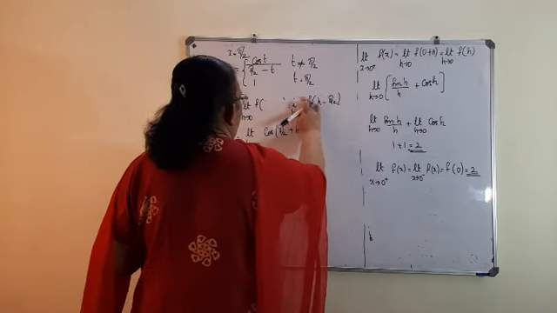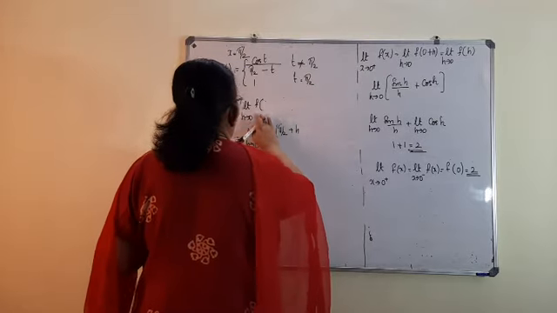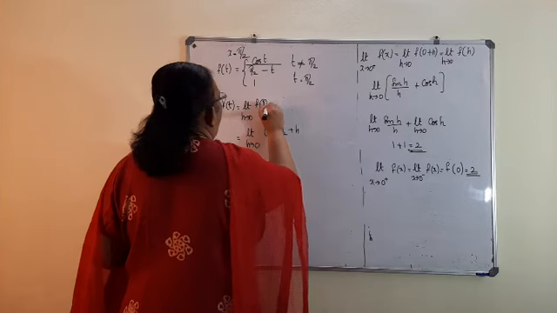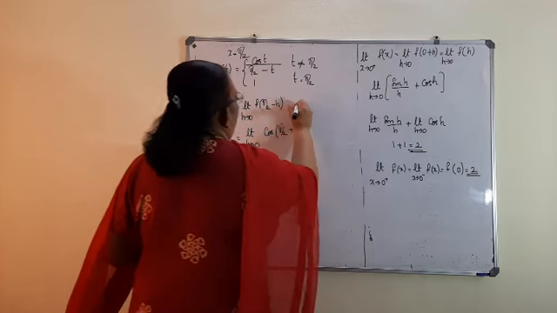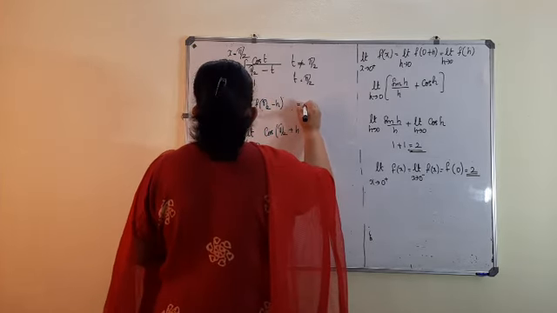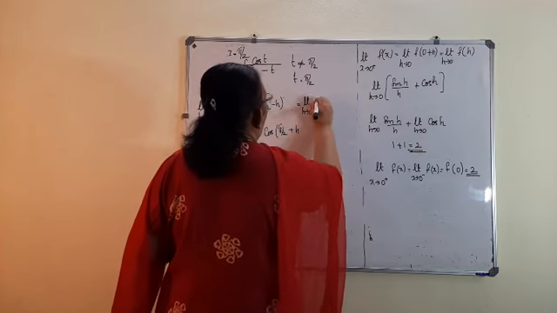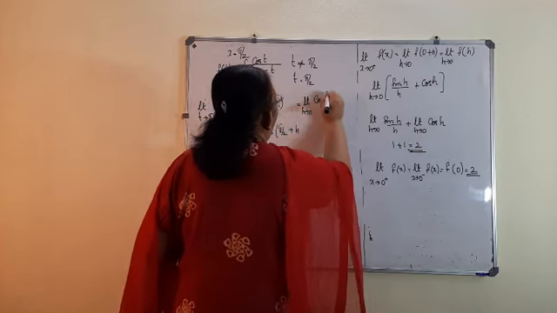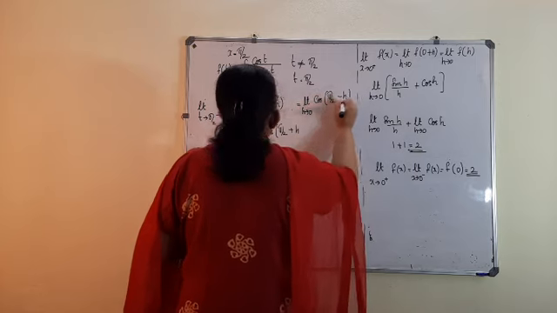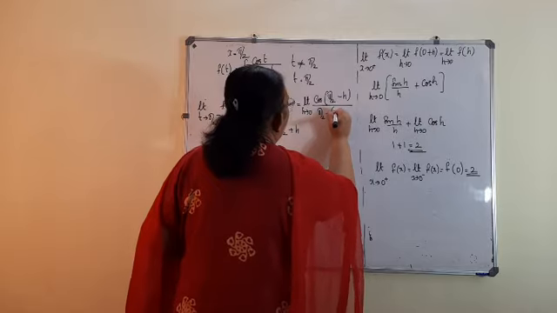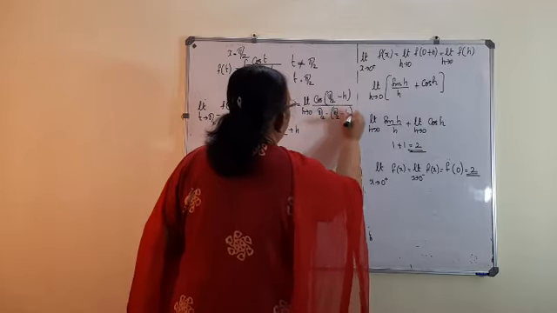F of pi by 2 minus h, that is equal to limit of h tending to 0 cos of pi by 2 minus h divided by pi by 2 minus pi by 2 minus h.